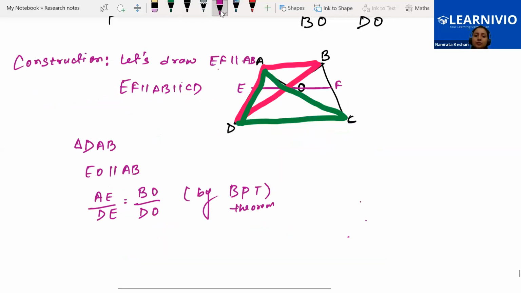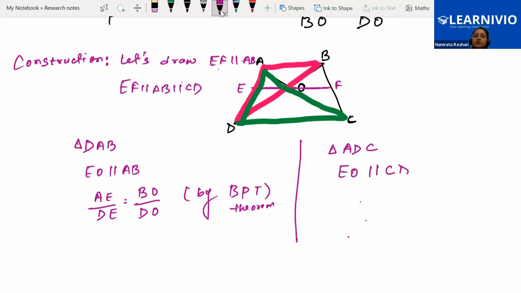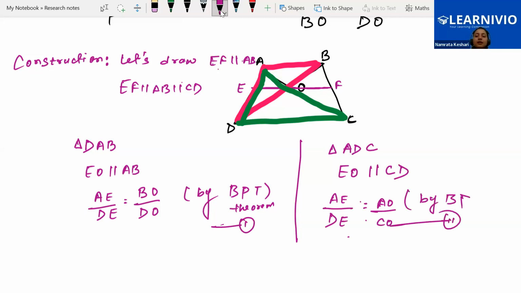We are going to say in triangle ABC, again EO is parallel to one of the sides, that is CD, of the triangle. And hence AE by DE is equal to AO by CO. Again, basic proportionality theorem. Anyone having any confusion?